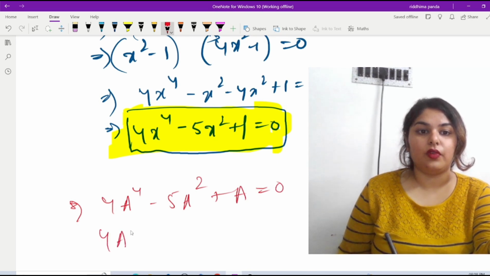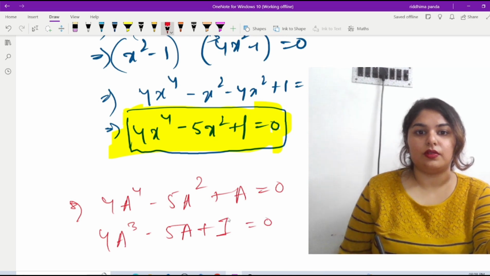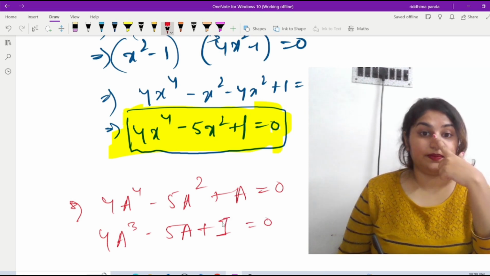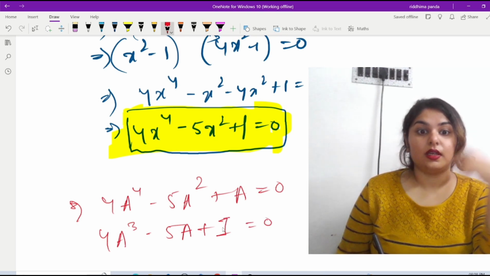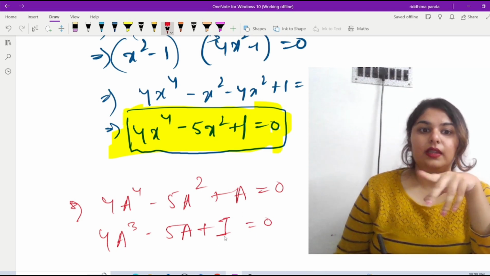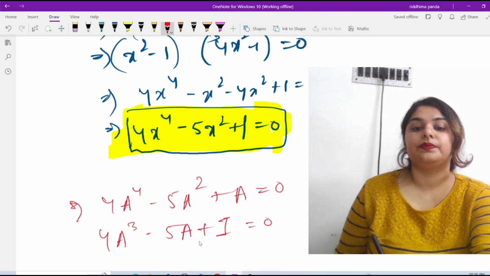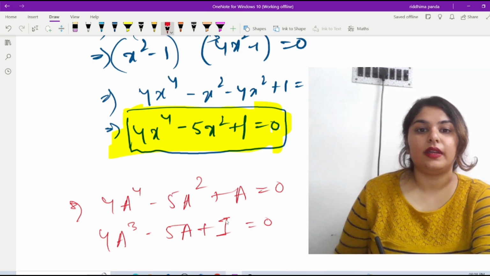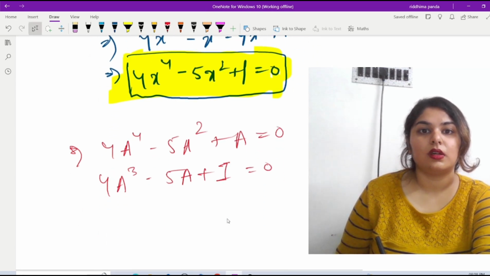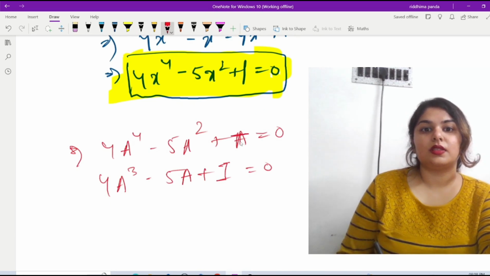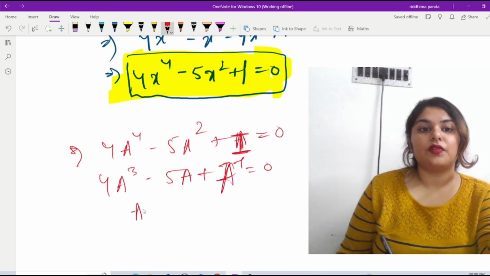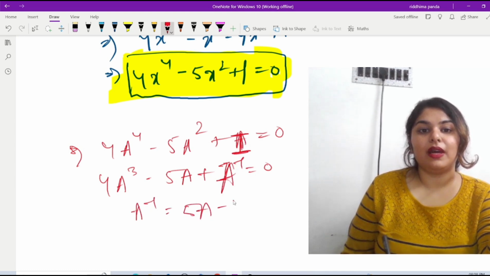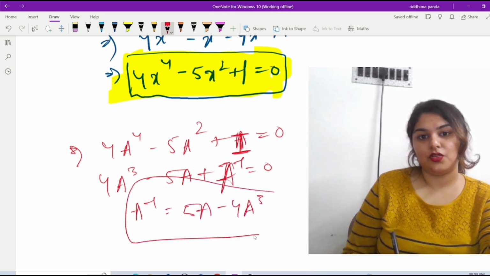So this becomes 4A cube minus 5A plus A inverse is equal to 0. So from here, A inverse is equal to 5A minus 4A cube. This should be the answer.